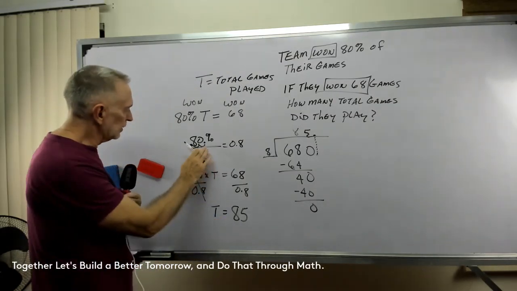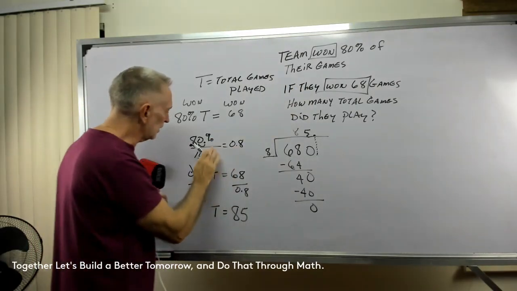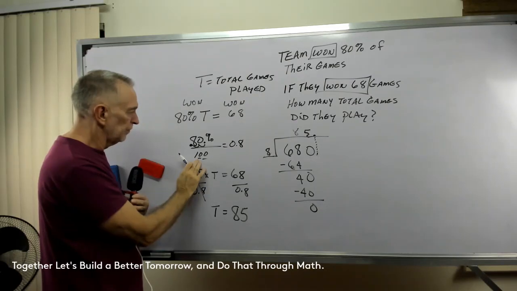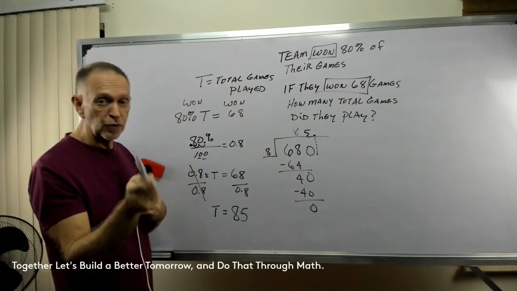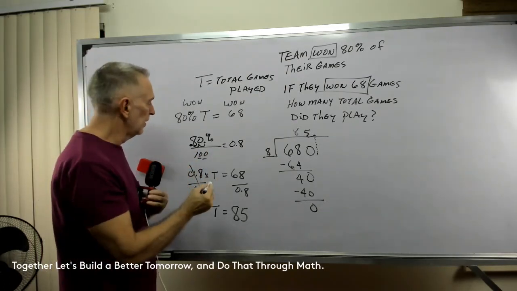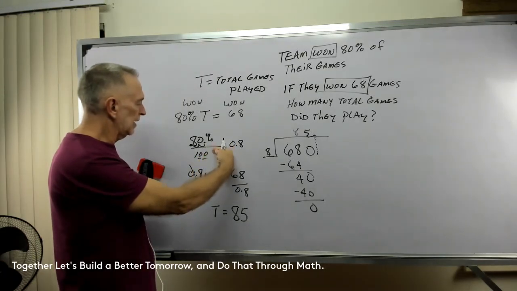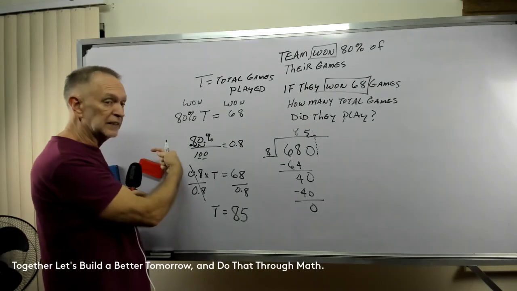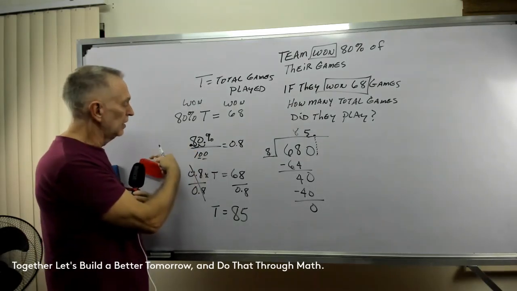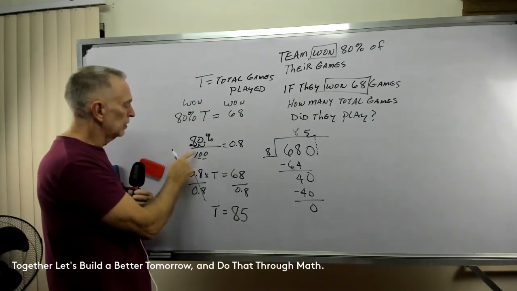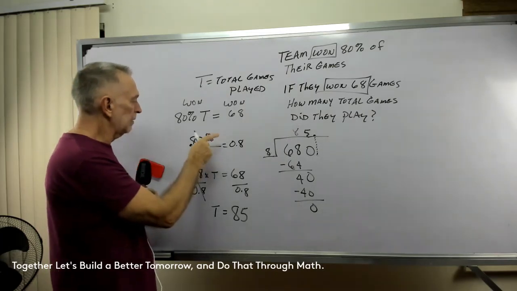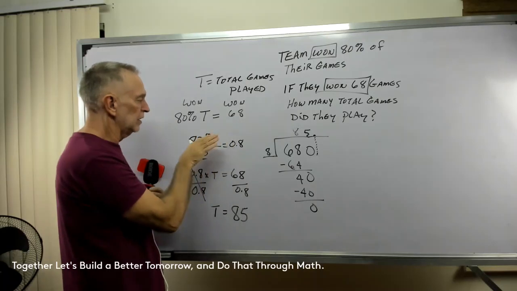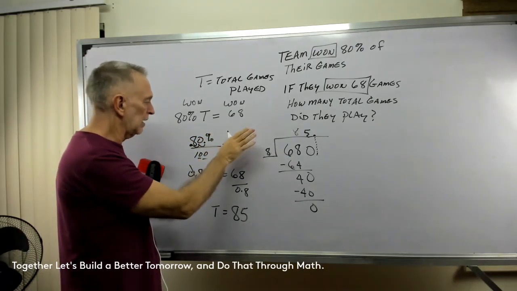So this is an example of how to take a percentage and move the decimal by dividing by 100. And Christine, this is in your rule book that we wrote down. When you're dividing by a number, however many zeros it has is how many places to the left the decimal point moves. When you're multiplying by some number, in this case 100, it would move 2 digits to the right.